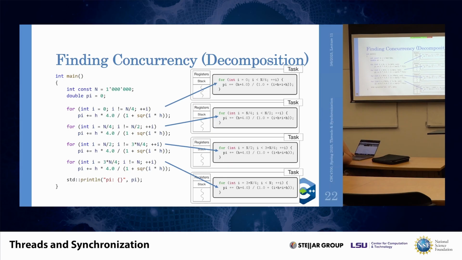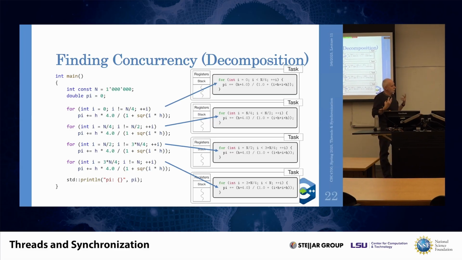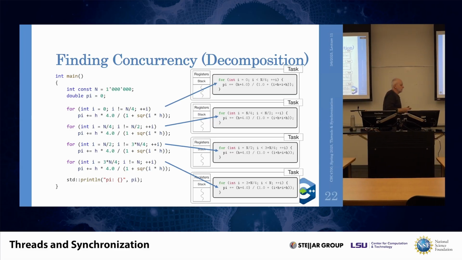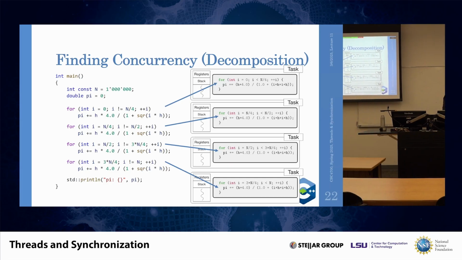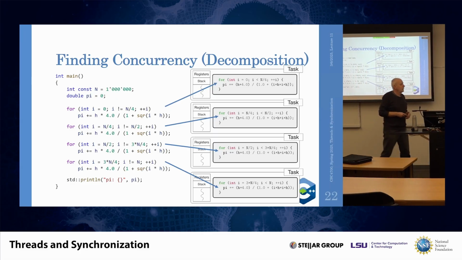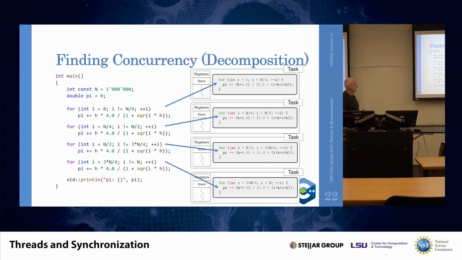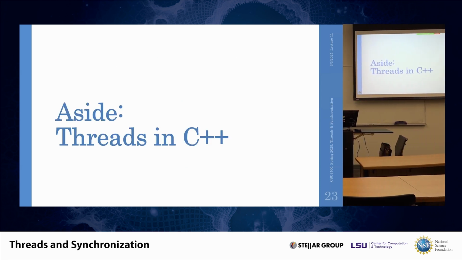What we want to do is to run these 4 loops in 4 separate threads in our code and make sure that these threads run concurrently, so that we can utilize 4 cores in this case at the same time, and possibly and hopefully speed up our computation of pi by a factor of 4. And we will see how far we can get today during the lecture.